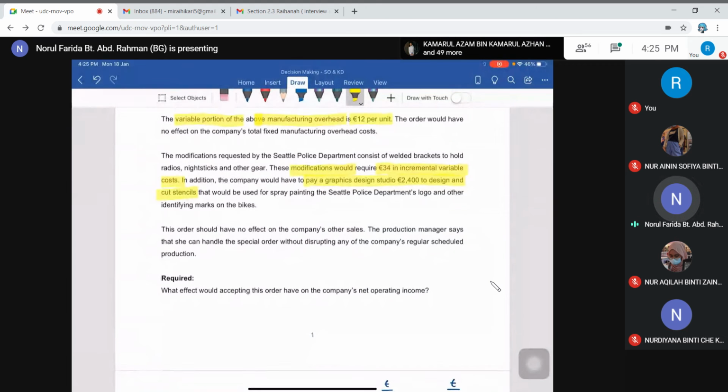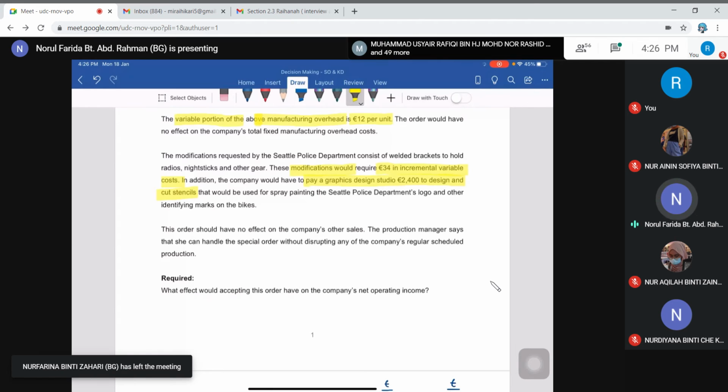So it has a difference, that means it is a relevant cost there because there is a difference. It is considered as a fixed cost because that 2,400 is paid specifically for this customer only. Okay, and it is done only once. You want to make that design, you pay once only. You don't pay based on how many units you want to produce. You pay for that one logo. So that's why it is considered a fixed cost there.